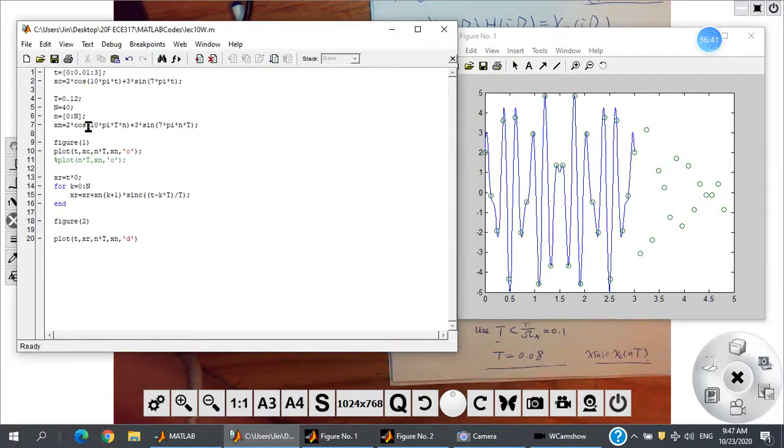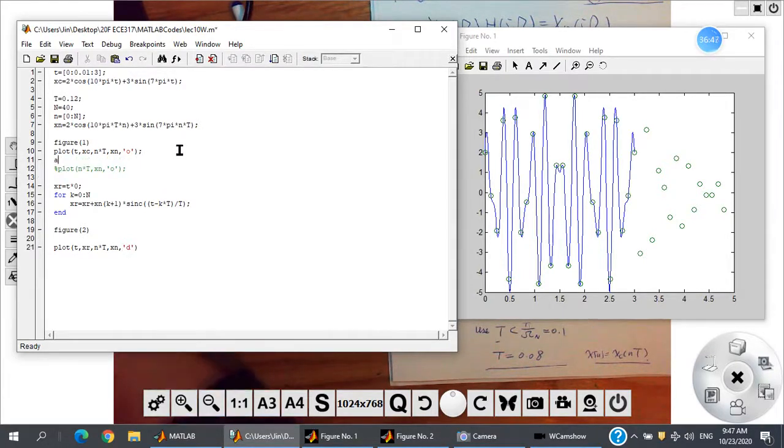I can have these more samples, but when I display it, I can set the axis for x running from 0 to 3 and y from -5 to +5. I put this one. By this one, we will see only this part.